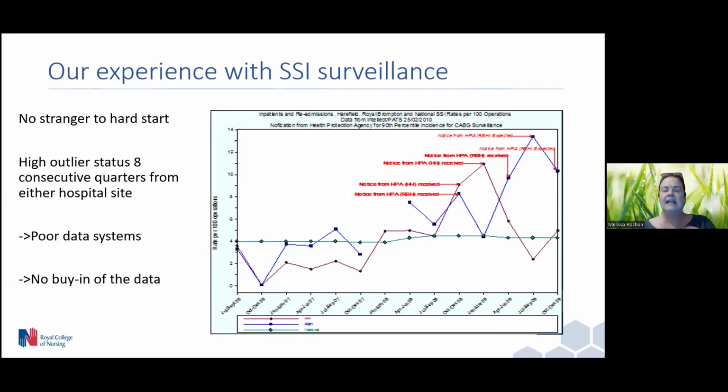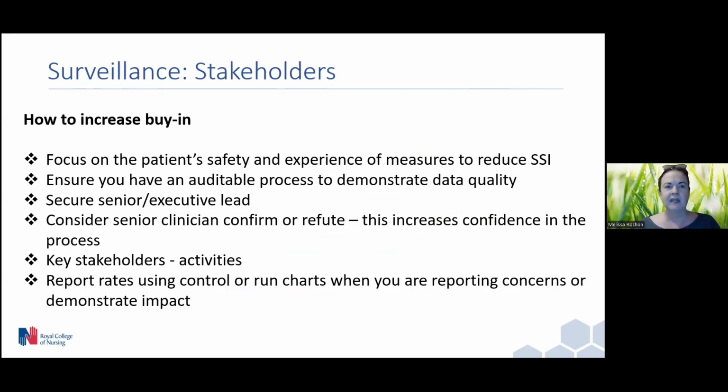And it takes sometimes years to actually get a system in place where the surgeons have confidence and they know that the data that's being reported is really robust, and you can tell that they rely on it because they're asking you for that data for their publications, and then you've cracked it.